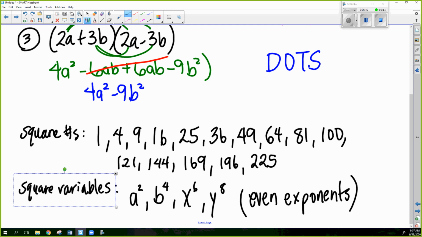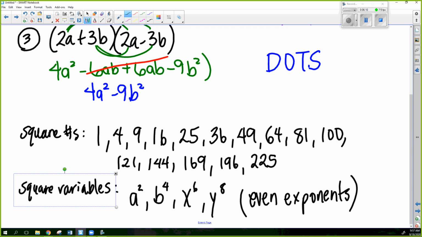So what we're going to do is start with the difference of squares, difference of two squares, and take it back to the double parentheses like we were doing before. Questions on that? All right, so let's write a rule.